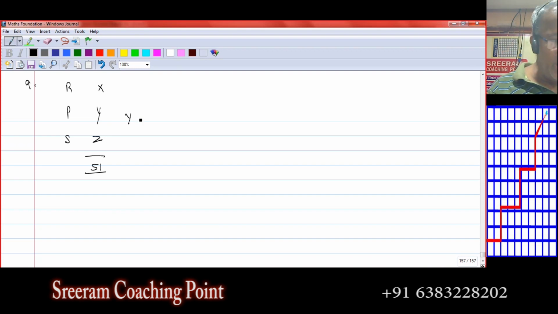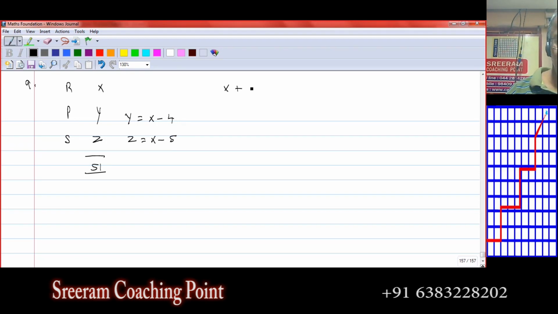So Y equal to X minus 4. Correct? Then Singh has 5 rupees less than Roy. Z is equal to X minus 5. Correct? So everything you can equate in X form.